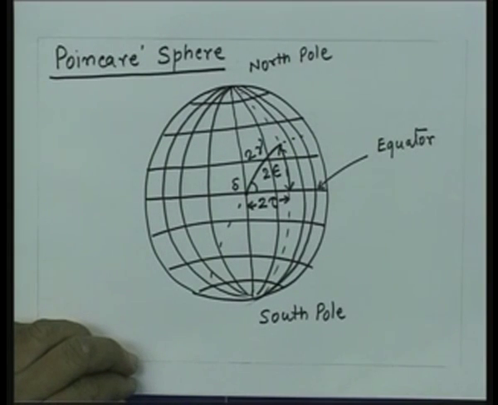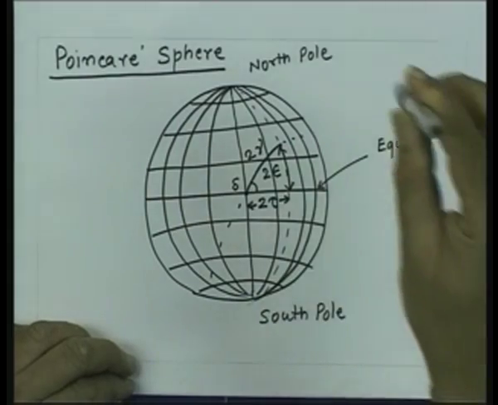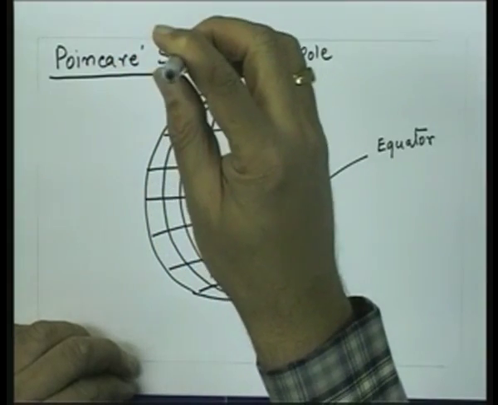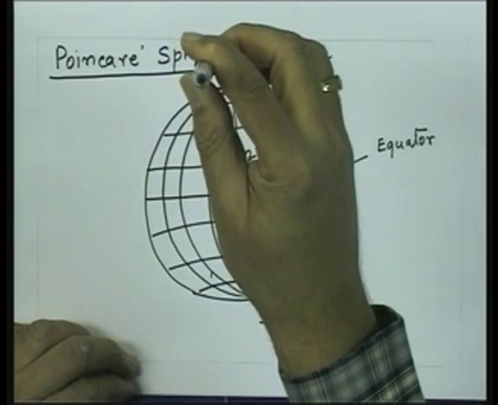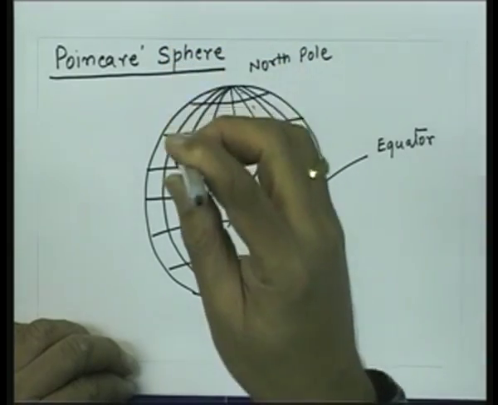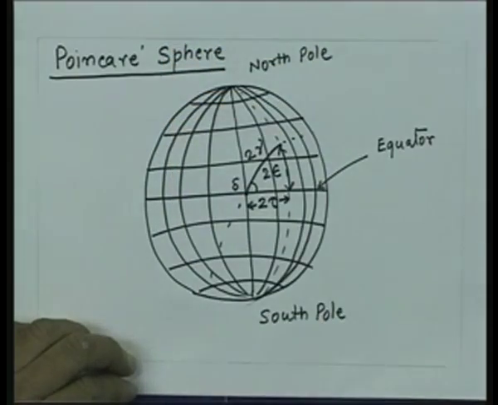As I move, the line slowly tilts, and when it goes to the back of the sphere, the line becomes vertical. So, on the equator, the reference longitude point represents a horizontally polarized wave, whereas the diagonally opposite point on the equator represents a vertically polarized wave.